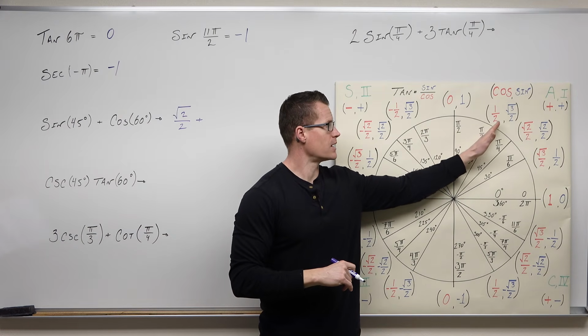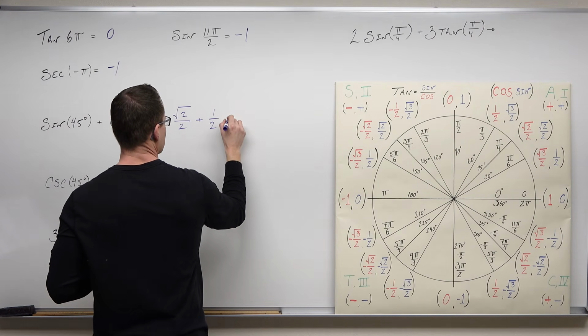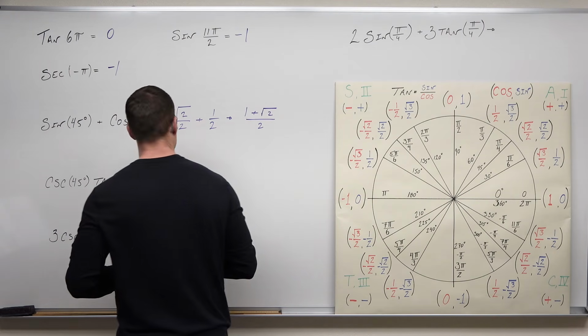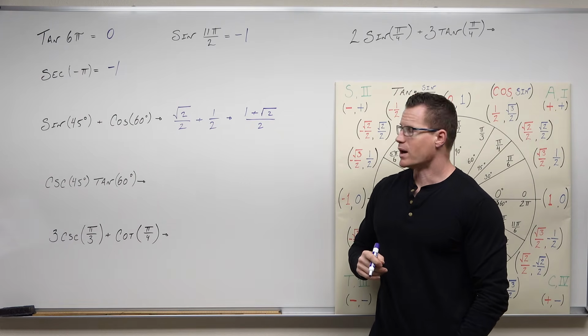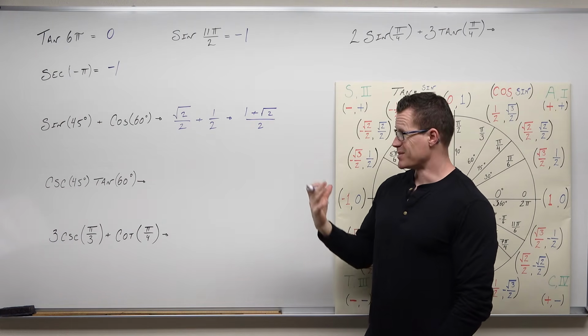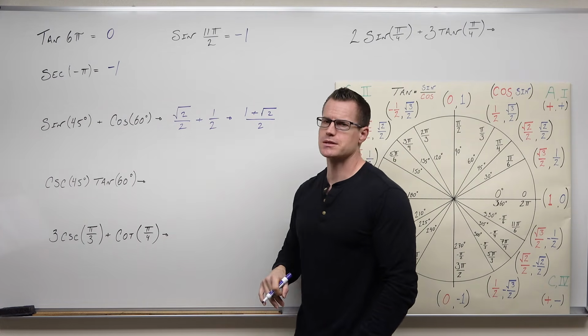Cosine is the x-coordinate, that's 1/2. Conveniently, they both have a denominator of 2, so we could write that as 1 plus square root of 2 over 2. You could also find a decimal approximation.